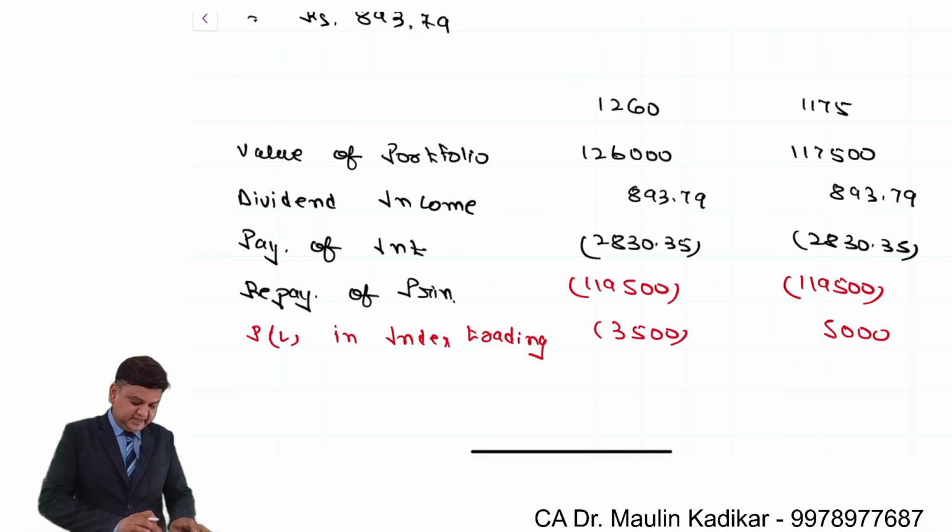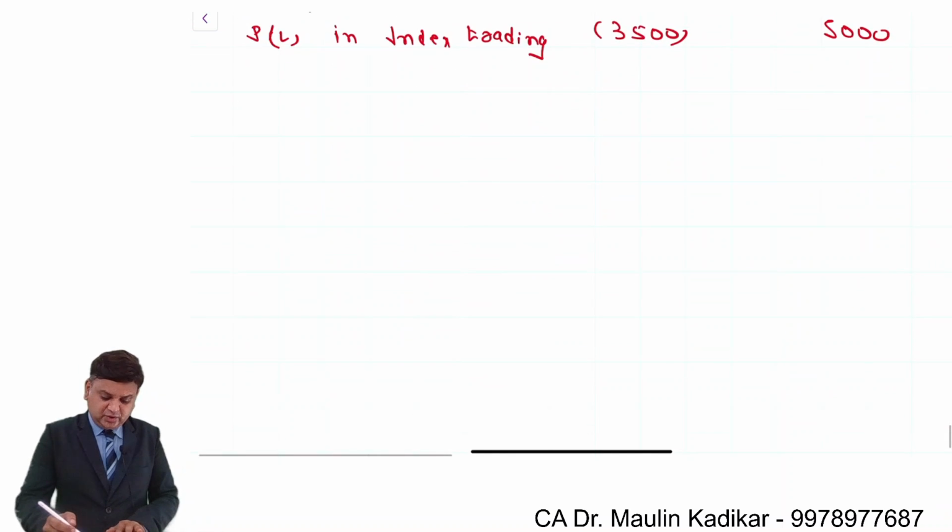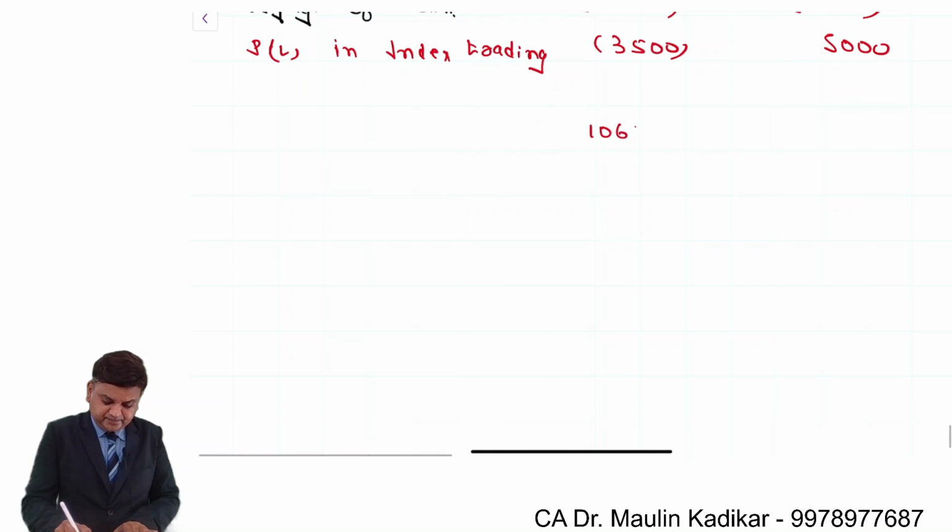So what will happen? 1,26,000, that is this amount, plus 893.79 minus 2830.35 minus 1,19,500 minus 3,500. So it results into the profit of 1,063.44.